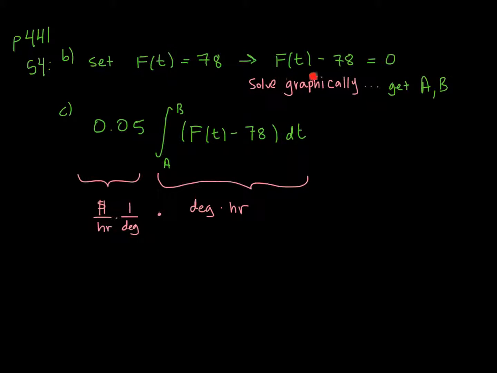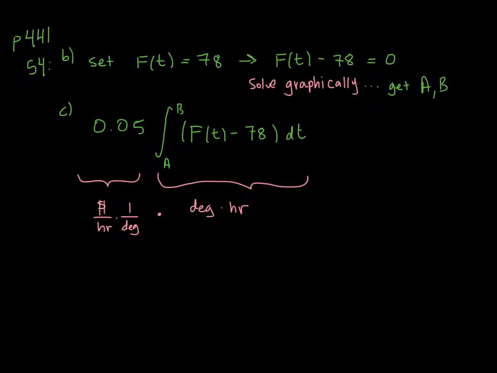You can just graph this function, f of t minus 78, and see where it intersects the x-axis. Where it's above the x-axis is where your temperature will be greater than 78. You'll see there are 2 points where it intersects the x-axis, and in between those 2 points it's greater than 0, and so that's when the temperature is greater than 78. Those are the 2 values I've labeled A and B in the solutions.